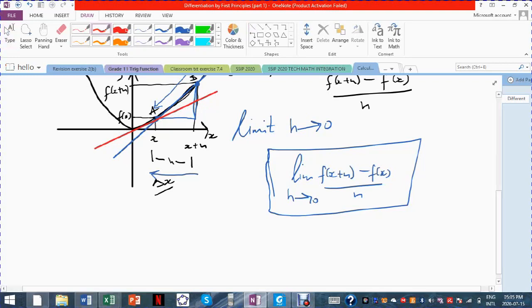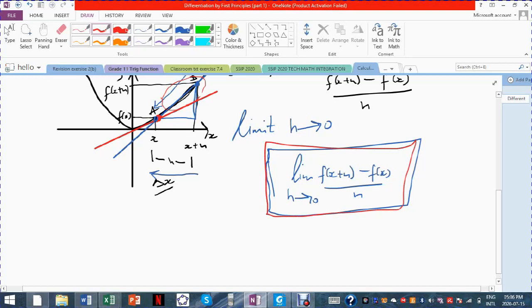Remember, we took a limit, so this top part here does not exist anymore. It's only at this point. So we are looking at this point specifically, which is point A. So this is a straight line. We can find a gradient at that point, but that is the result of the limit of this expression.